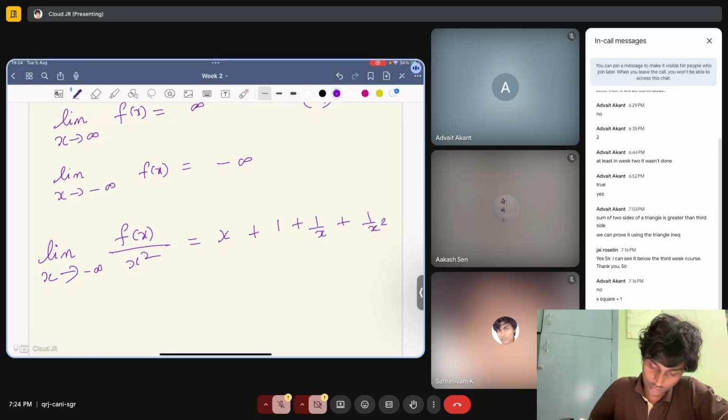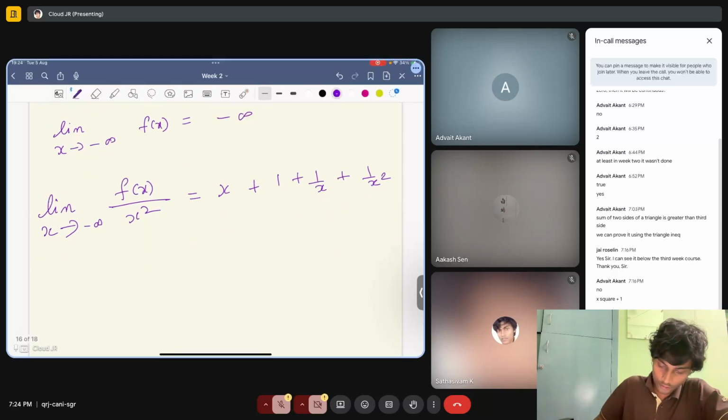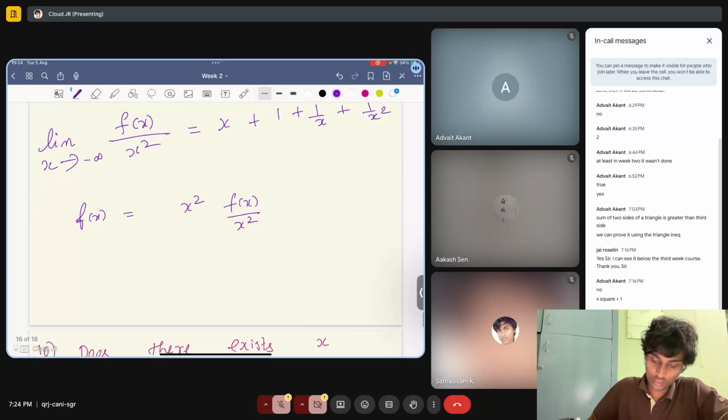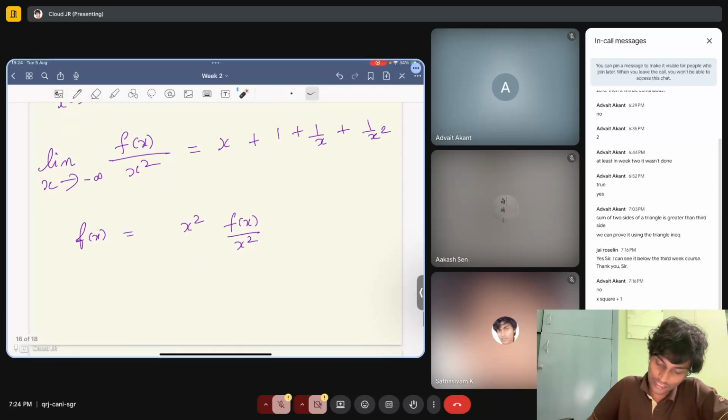So f of x is nothing but x square times f of x by x square. And this x square goes to infinity, and this term goes to minus infinity.